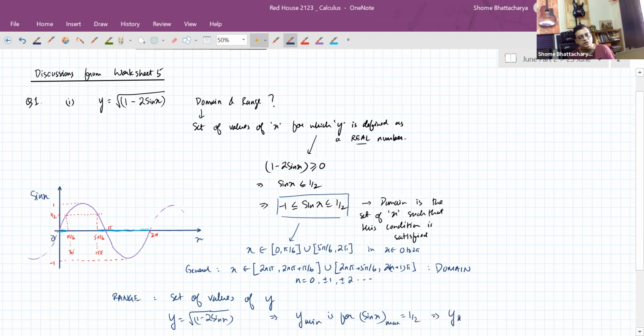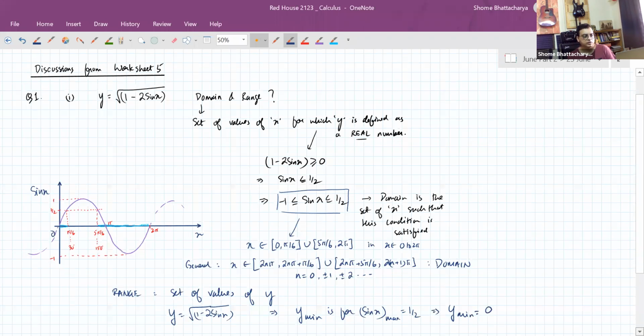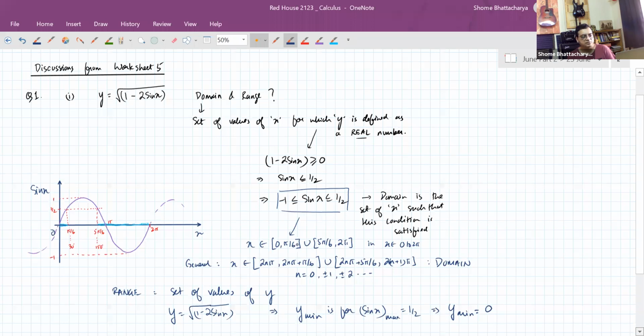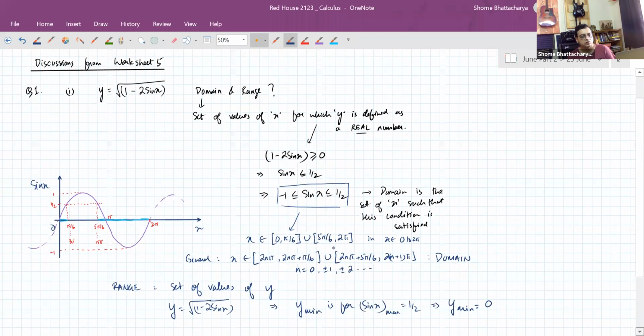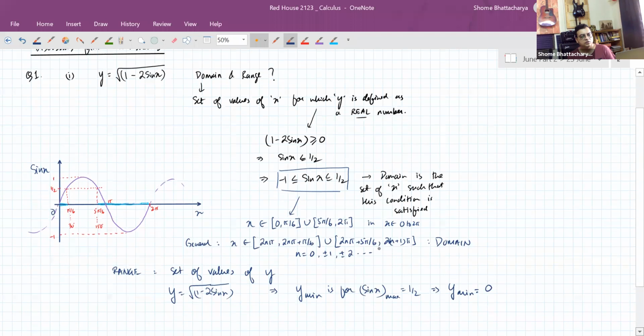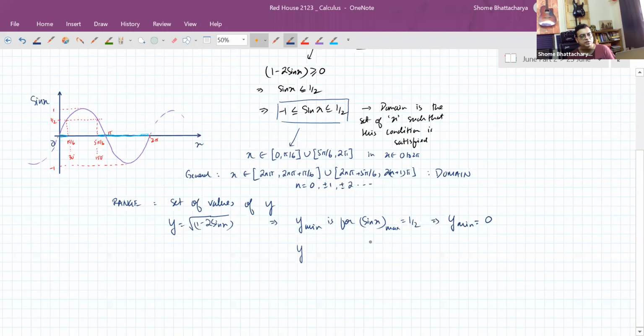So y's minimum value is 0. Whereas y's maximum value is for sin x's minimum value, which is -1.